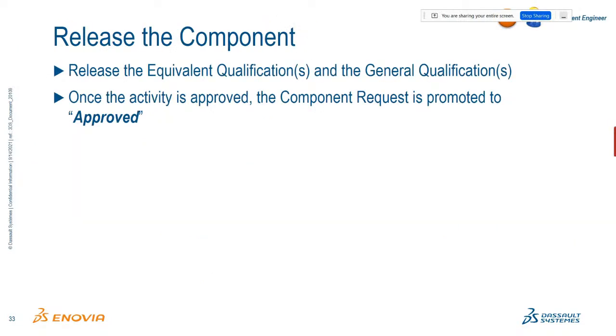So here, basically, the last step to do is to review the equivalent qualification and the general qualification, release them, and then approve the activity, which will automatically promote the whole component request to the final maturity state, which is approved.